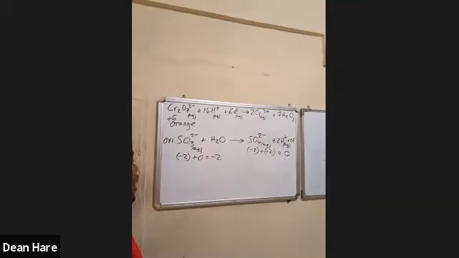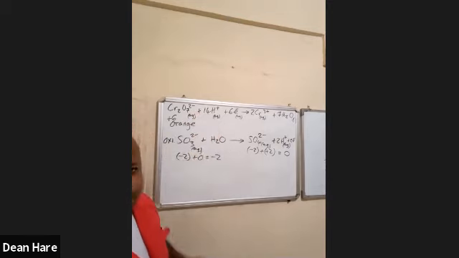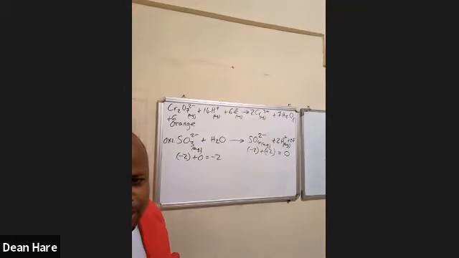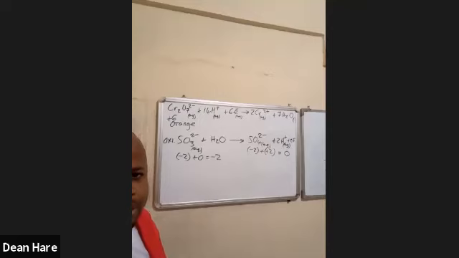So what is the next step? So both half equations are now balanced. What is the next step? Combine them. No, cancel the electrons.